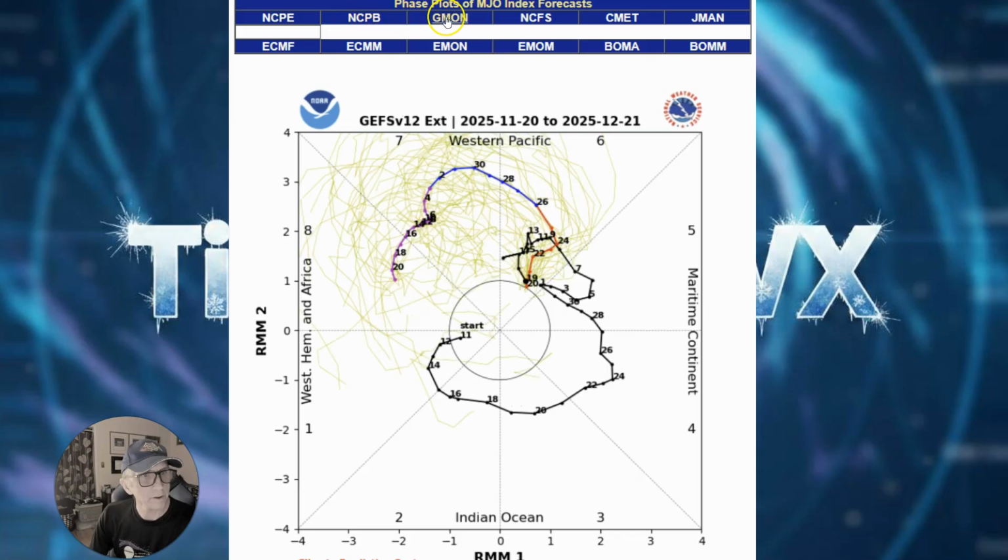Then the GMON, which is the National Centers for Environmental Prediction GFS extended daily, day 1 initialization, which is the 20th of November. So this is monthly.